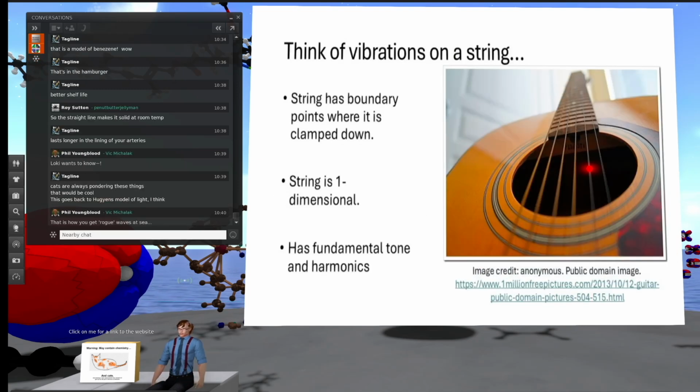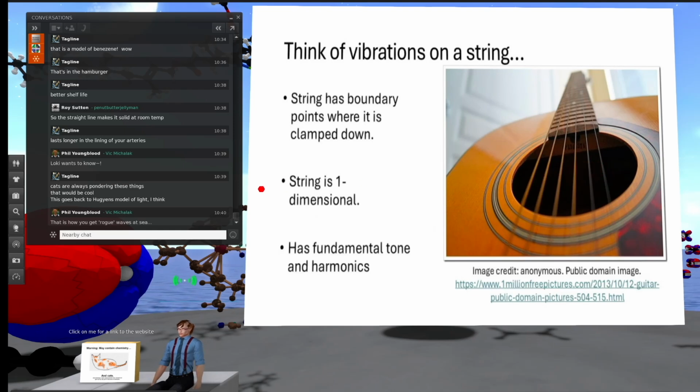So we can also think of vibrations on a string. I'm going to be using these slides on Monday for my freshman chemistry class because we are starting talking about this stuff. A string has boundary points where it's clamped down. Electrons don't really have those boundary points, although the attraction to a nucleus represents a limit on the motion of the electron.